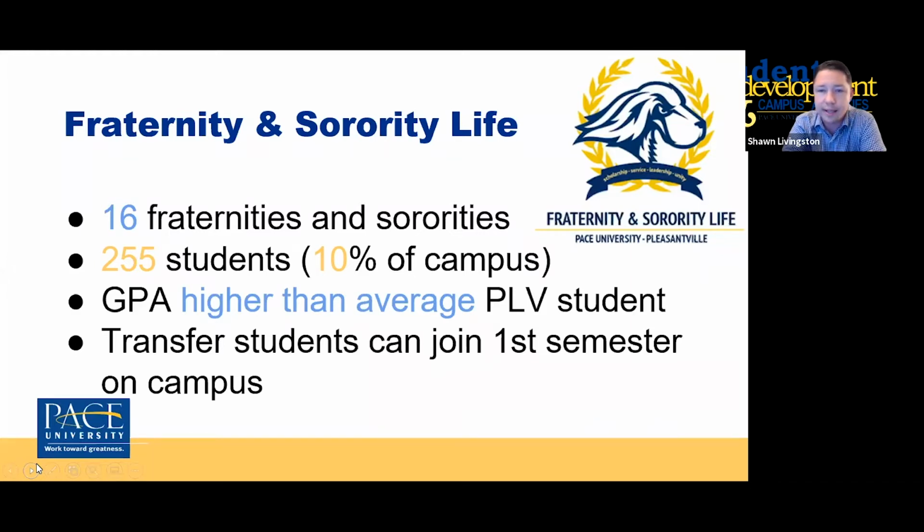So we're proud to say in the last several years that the GPA of our fraternity and sorority life members is actually higher than the general admitted student on the Pleasantville campus. I think everyone in here is probably in high school, but in case you have friends that are looking to transfer to PACE, we welcome transfer students, and they're welcome to join our fraternity and sorority life communities their very first semester on campus.